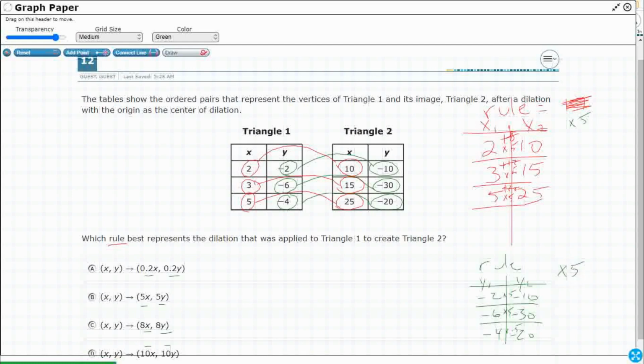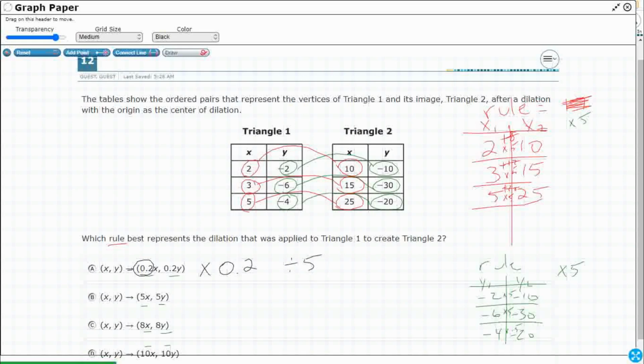Now, the question is how do I write that? Well, what we have is this xy, this little arrow, and then it moves over to some type of coefficient modifying our x and our y. So in this case, it's 0.2 multiplied by x. This is times 0.2, which is actually the same as dividing by 5 if you want to get fancy about it.